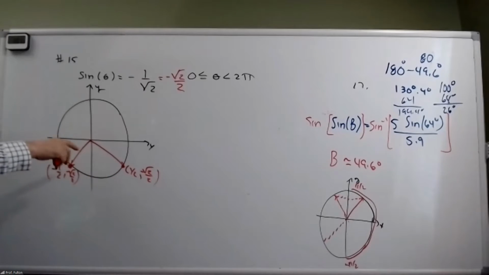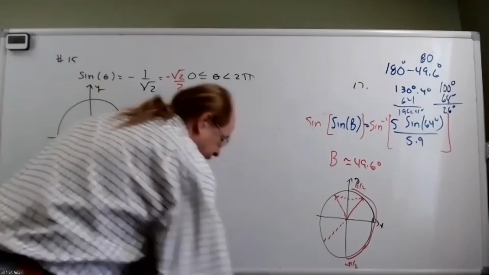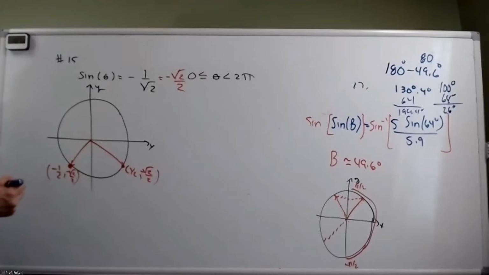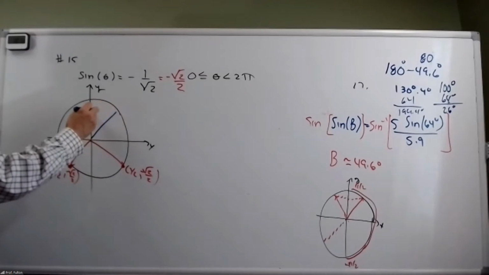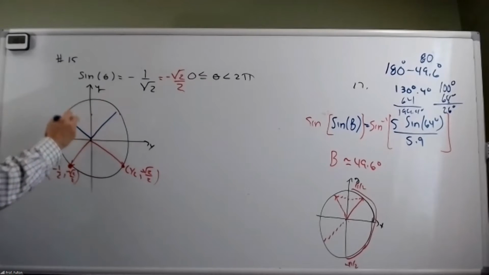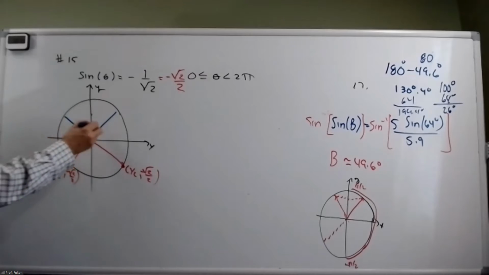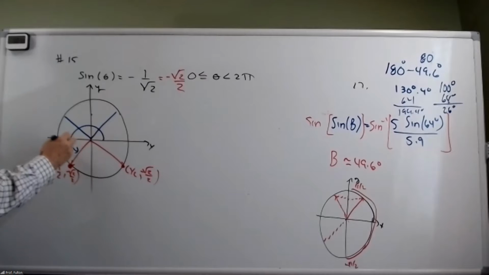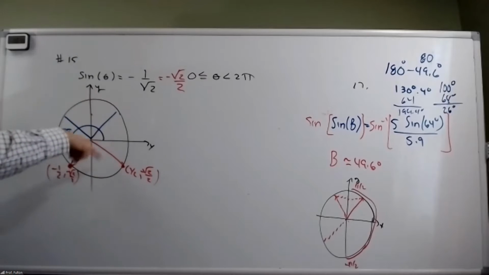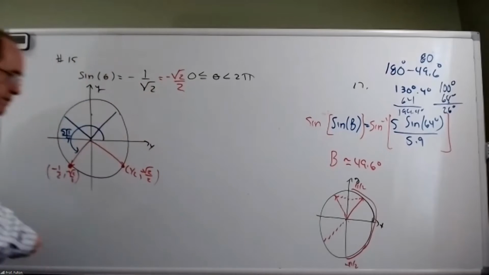So what are these angles? Well, each of these is 45 degrees as I step along. This is counting pi's over 4. So 1 pi over 4, 2 pi over 4, 3 pi over 4, 4 pi over 4, which is pi, and that first angle there is 5 pi over 4. Now, if I count to this one, that's 2 more pi over 4s.